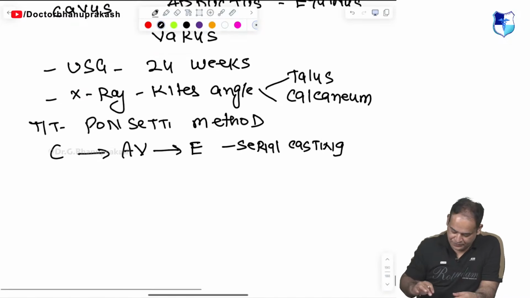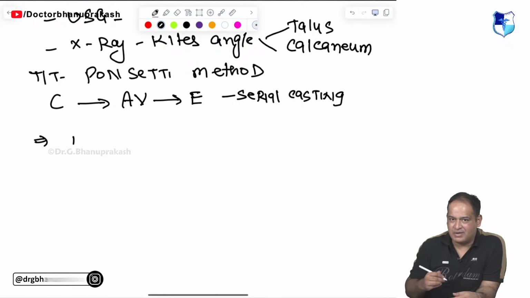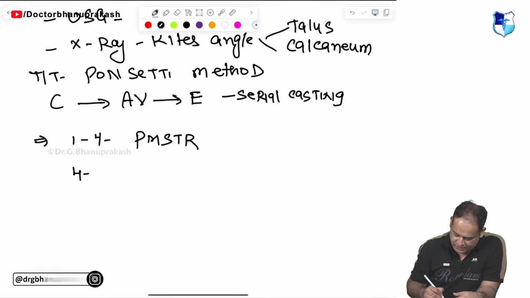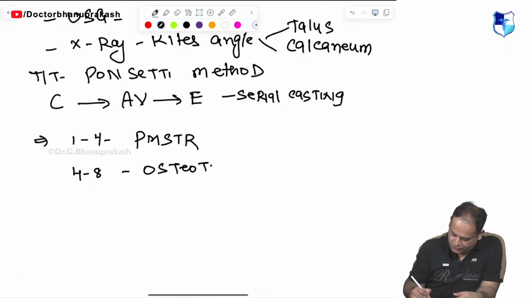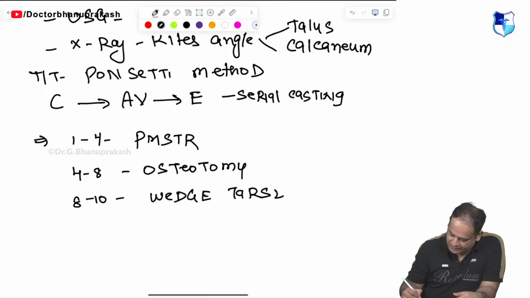That's one thing, right? Then if the patient comes to you between 1 to 4 years of age, posteromedial soft tissue release. 4 to 8 years of age, osteotomy like Evans or Dwyer. 8 to 10 years of age, wedge tarsectomy.